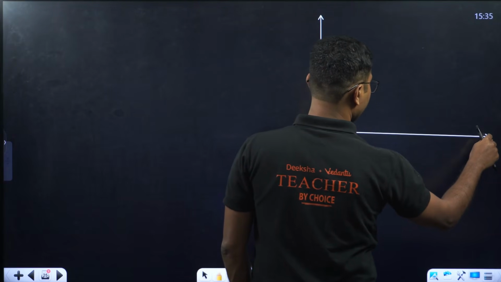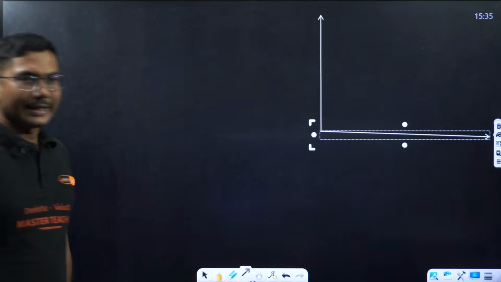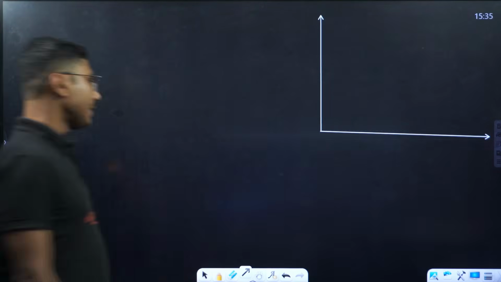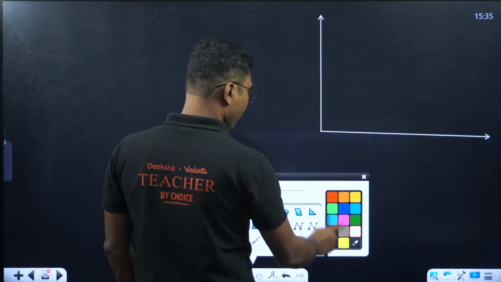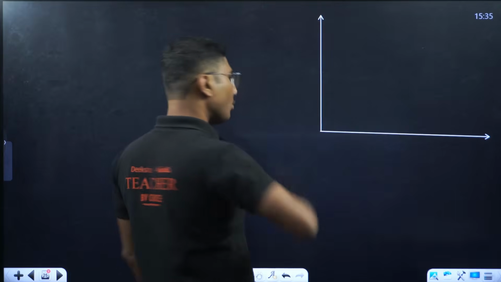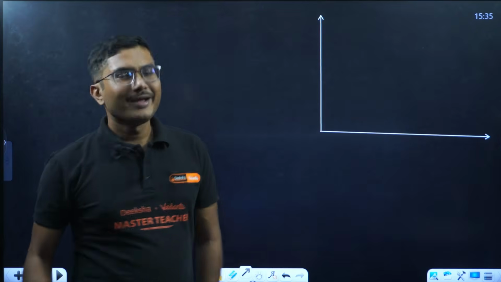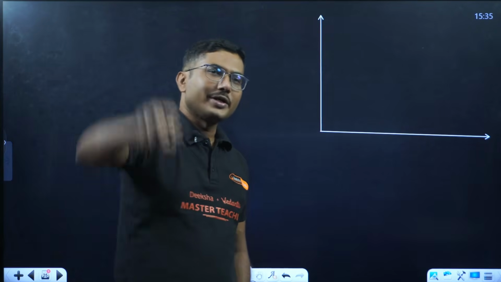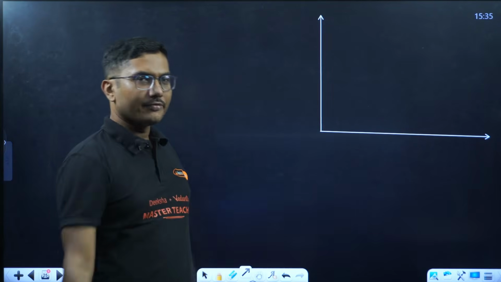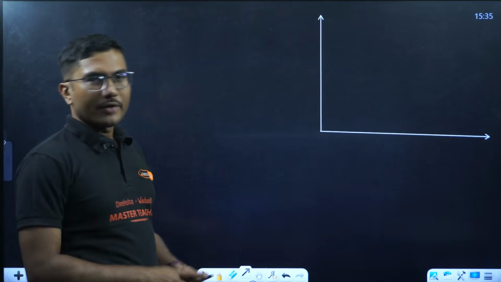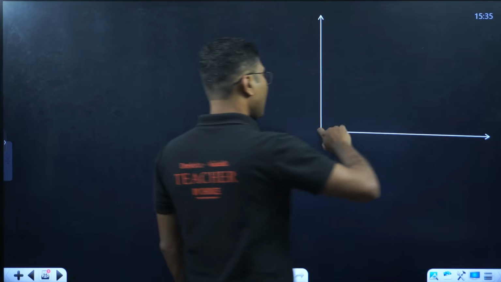Let me draw a little bigger. Now this is my x and y axis. Now I have an object which I want to throw like this. I have an aeroplane that I have made, and I want to throw it. It can be a cricket ball also. You want to throw the cricket ball towards your friend who is standing a little far. So you throw it something like that.